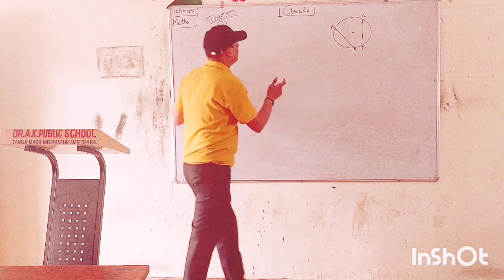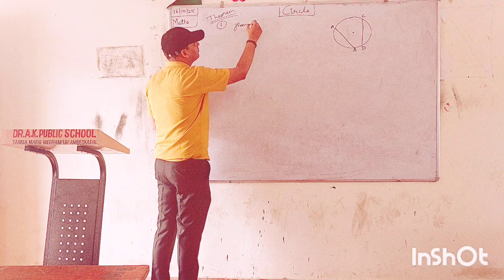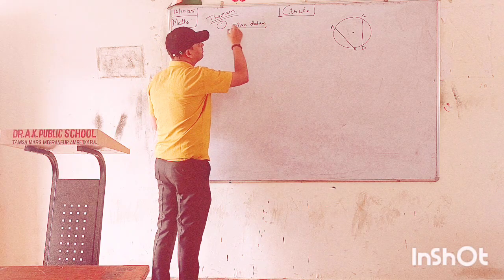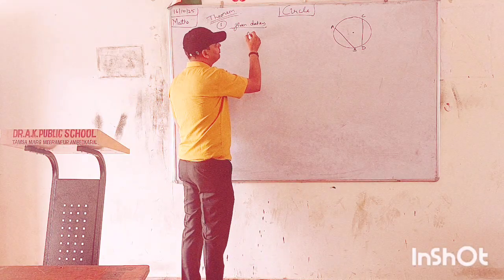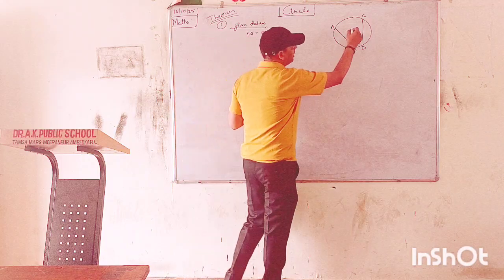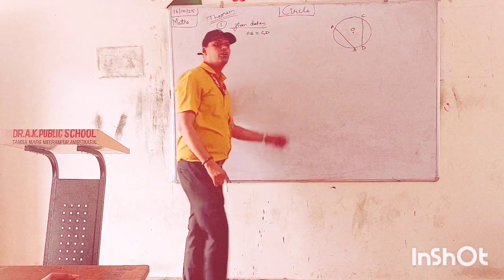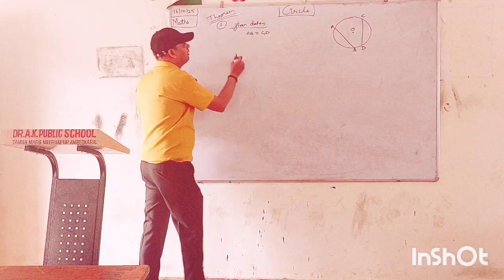So what is given to you? Given data is AB is equal to CD, and we have a circle of center O. This is our given data.